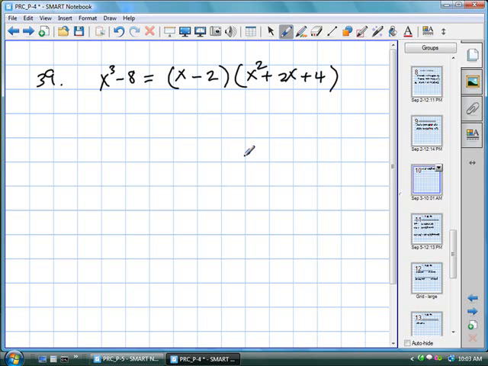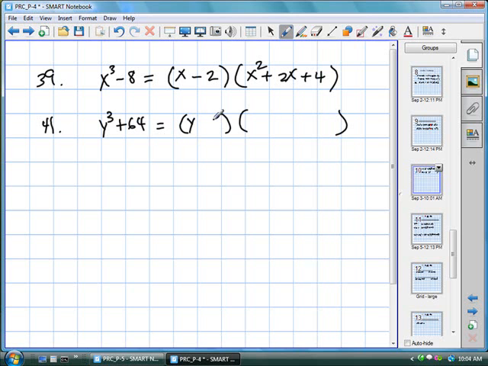I'm trying to think of another one you had to do, like y cubed plus 64. Is that the sum or difference of two cubes? Yes, 64 is a perfect cube. It's 4 cubed. So, binomial, trinomial, cube root of y cubed goes here.